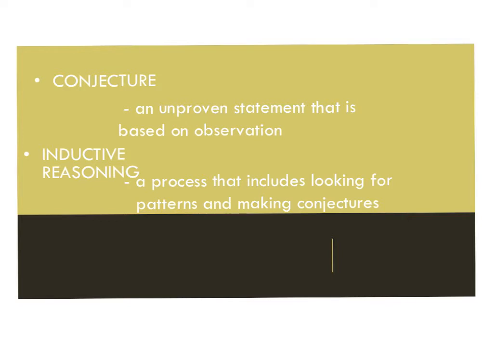Maybe they've gone to the movies before and they haven't eaten popcorn. It's not 100% foolproof. Inductive reasoning is a process that includes looking for patterns and making conjectures. So inductive reasoning is looking for patterns, recognizing a pattern, and making a statement about it.